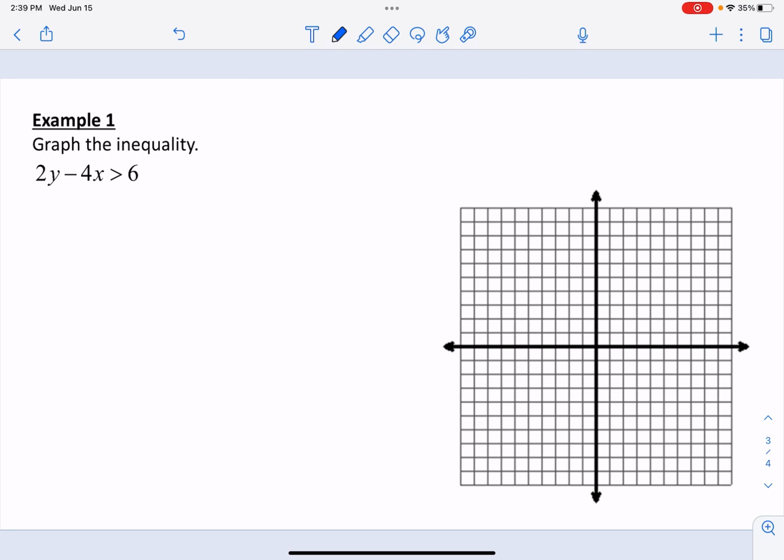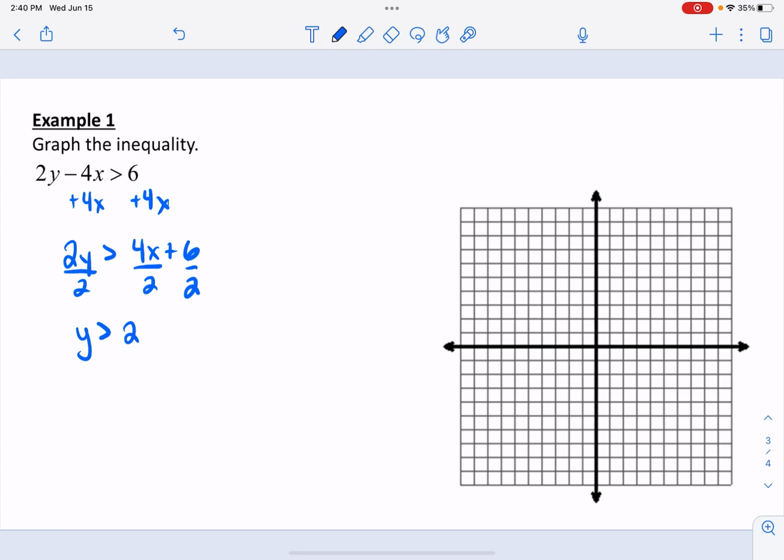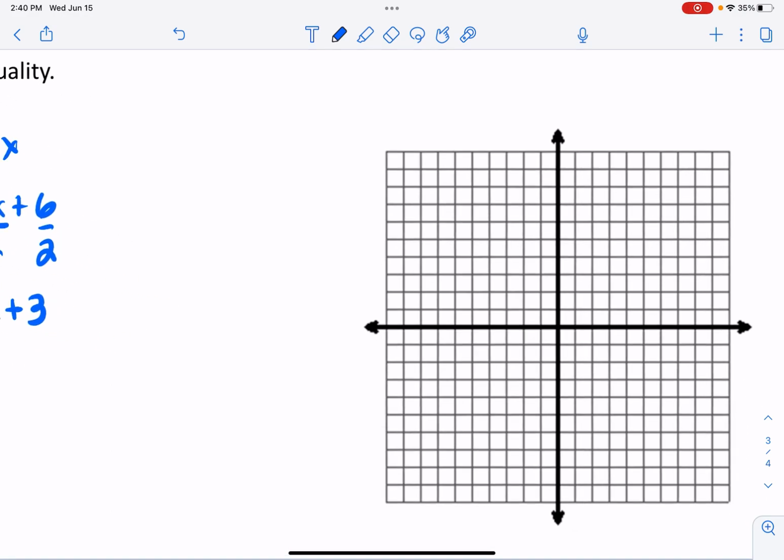Graphing this inequality. Okay, first step, we have to solve this for y. So I'm going to add 4x over because it's being subtracted. I'm going to divide each term by 2. So now I graph that line. 2x plus 3.